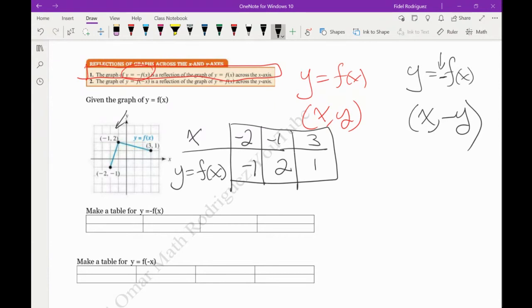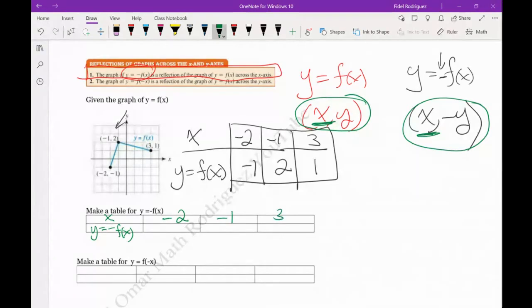And the last one is when x is 3, y is 1. So one thing I want to point out, if I look at this piece here and this piece here, the x numbers are the same. So my x numbers are going to stay -2, -1, and 3.